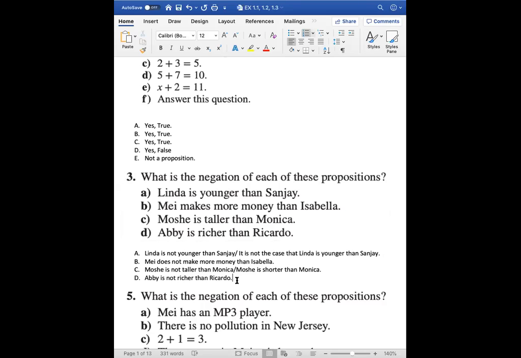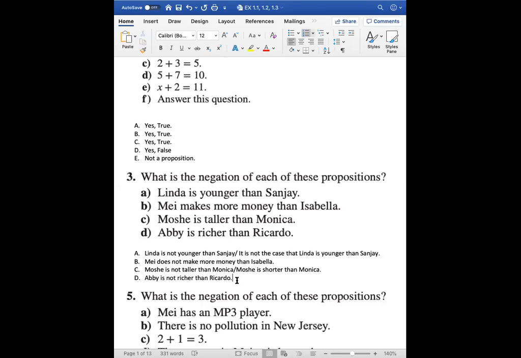I have a question. Yes. So for question number 3, if we exchange the subject, like we say Sanjay is younger than Linda, would that be any question? Yeah, so here Linda is our premise, and Sanjay is the hypothesis. So we are saying Linda is younger than Sanjay, and you want to say that Sanjay is younger than Linda.